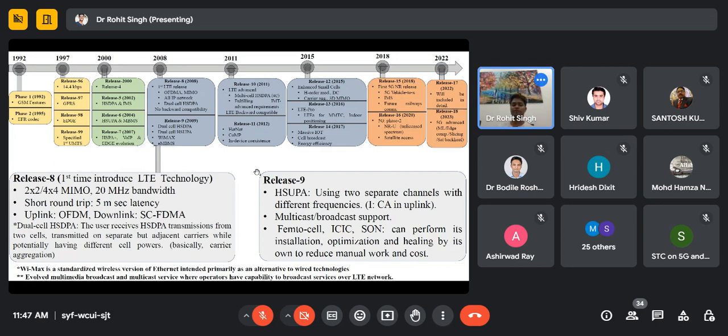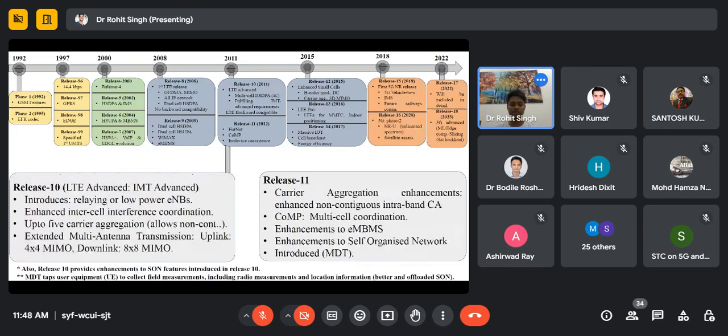And for the very first time in release 9 we have another version of HSDPA, that is HSUPA, that allows high speed packet transmission in the uplink direction as well. Again, some other efficient methods have been proposed in the subsequent releases, known as carrier aggregation, intercell interference coordination, self organized network, and so on. So we will discuss all these things.